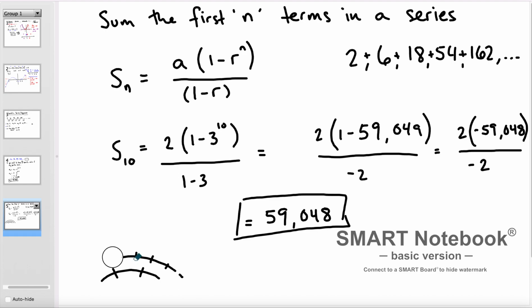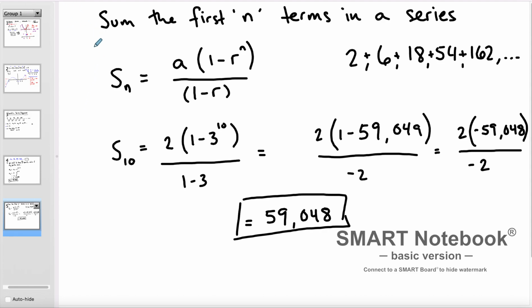Maybe it's more appropriate to think of it as rabbit population growth or something, right? You start with 2 rabbits and they each have 3 kids, so they have 6 now, and the population grows in that way. But anyway, if you want to know the sum of the first n number of terms in a series, we use this formula, right?